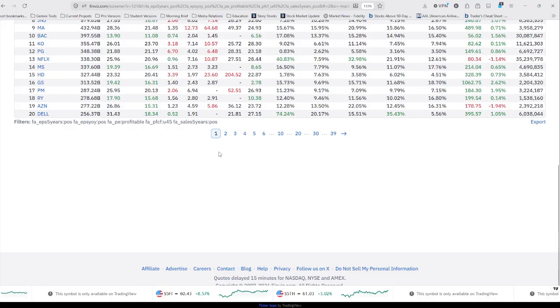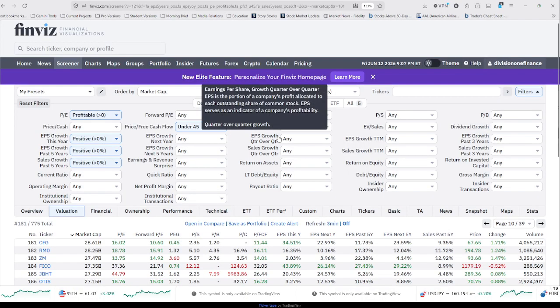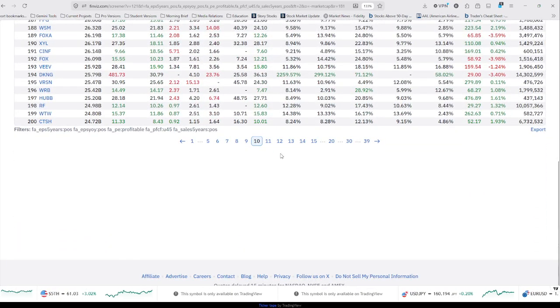So what we're going to do is go with four buckets. I'm going to have the first 10, so pages 1 through 10. These guys right here, we're not even going to touch them. No investments coming for them from us.